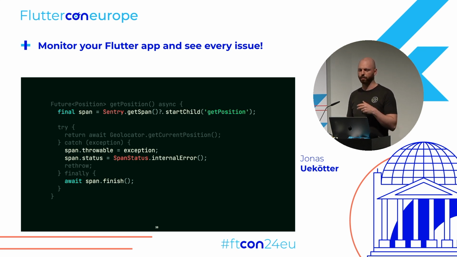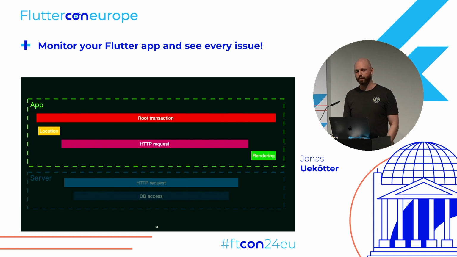So we set that in the catch block in case an exception occurs, but we don't really care about the exception, so we just rethrow it. In the finally block, we're finishing the span, which finishes the span in every case, of course. So that's what we have to do in the app.